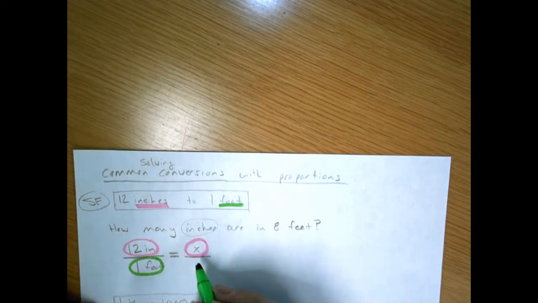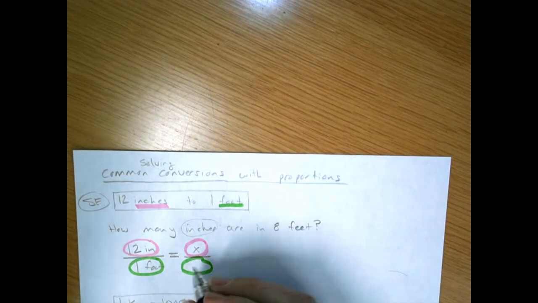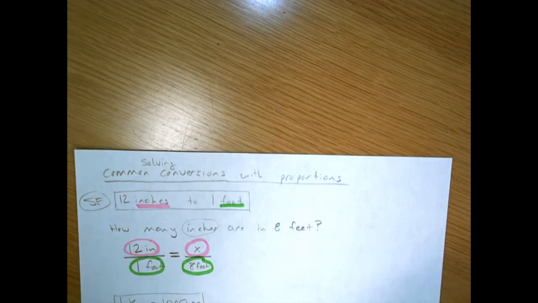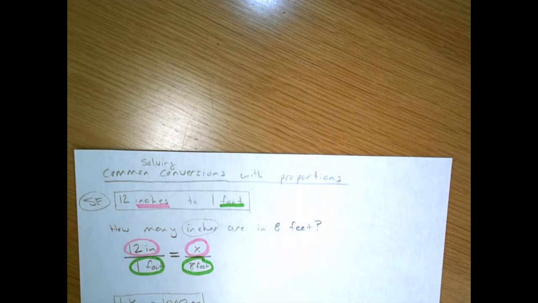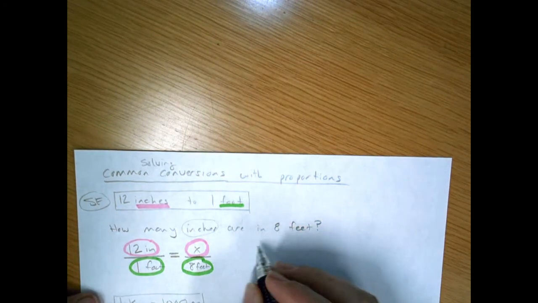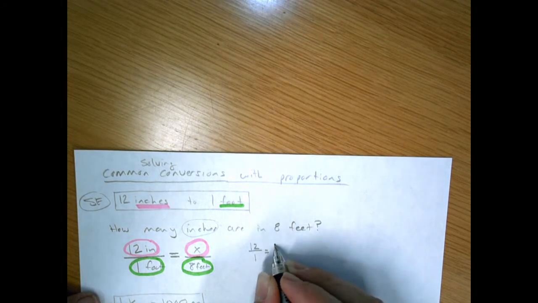The number we're going to put down here is going to be 8 feet, and the reason I'm putting the feet down there is because it lines up. Pink, pink, green, green, we're good to go. So to rewrite this nicely for you, I have 12 inches over 1 foot equals x inches over 8 feet.